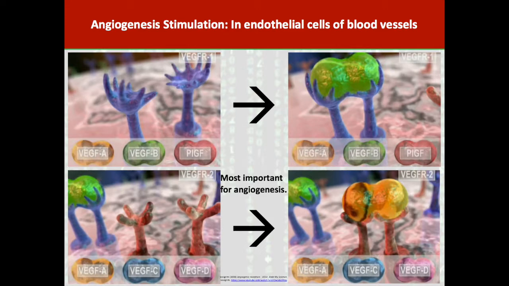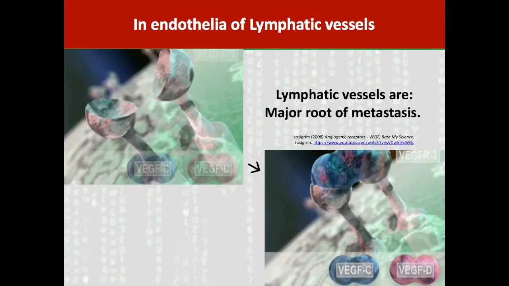The VEGFR1 receptors have as stimulating ligands VEGF-A, VEGF-B, and PlGF, while the VEGFR2 receptors have as stimulating ligands VEGF-A, VEGF-C, and VEGF-D. Those two receptors are the most important for angiogenesis. While in endothelia of lymphatic vessels, the VEGFR3 receptors have as stimulating ligands VEGF-C and VEGF-D.